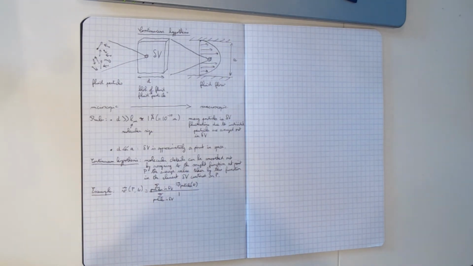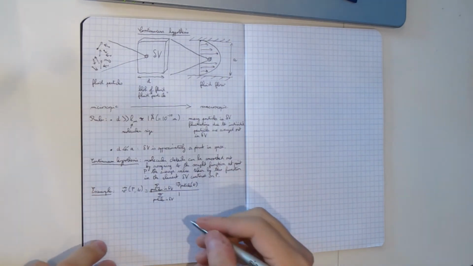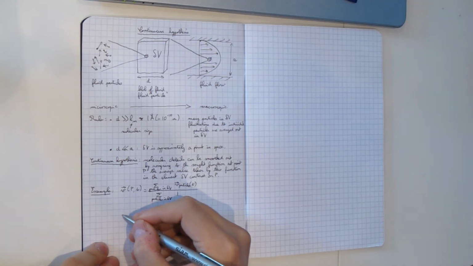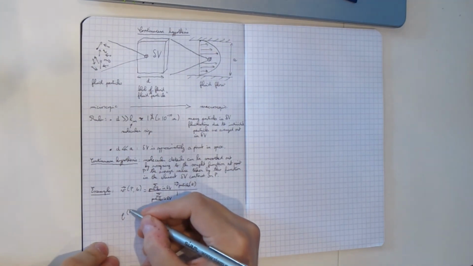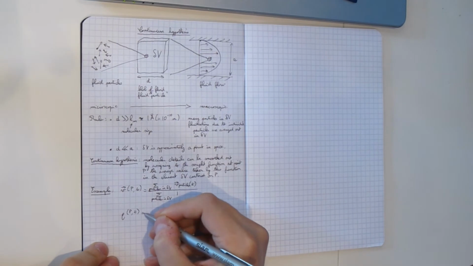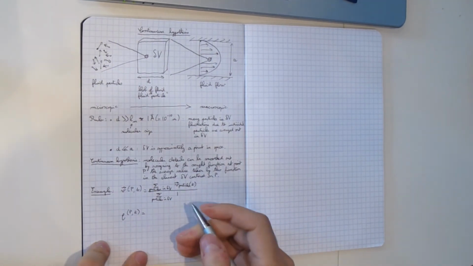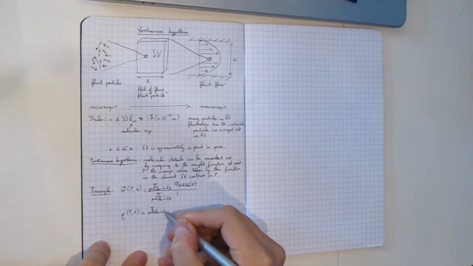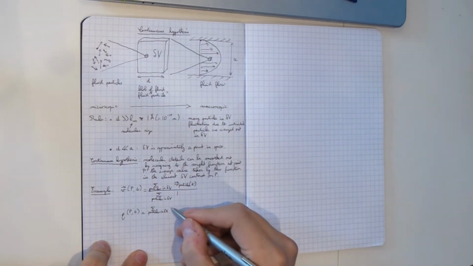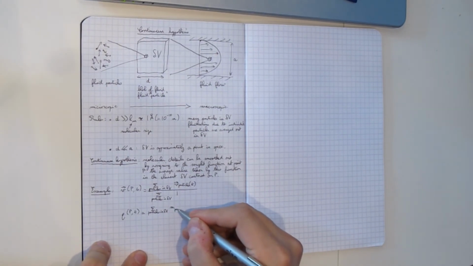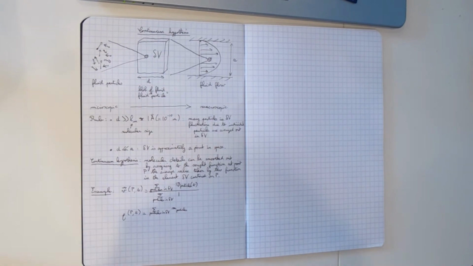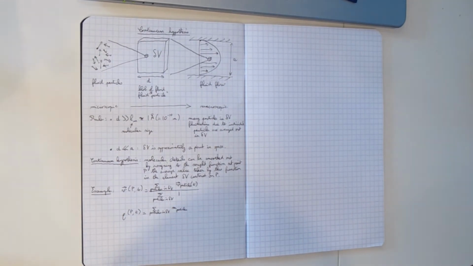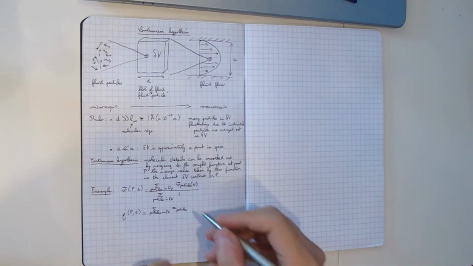We can also define very many other quantities in this fashion. For instance, the density rho at point P, which depends on time, can be defined as follows. It can be the sum over all the particles in delta V of the mass of each individual particle. I'm going to assume that the mass of the particle does not depend on time.